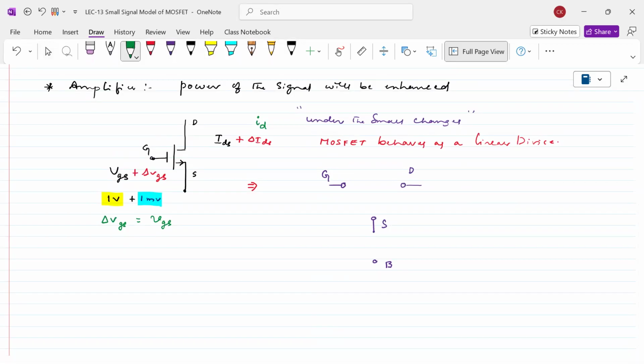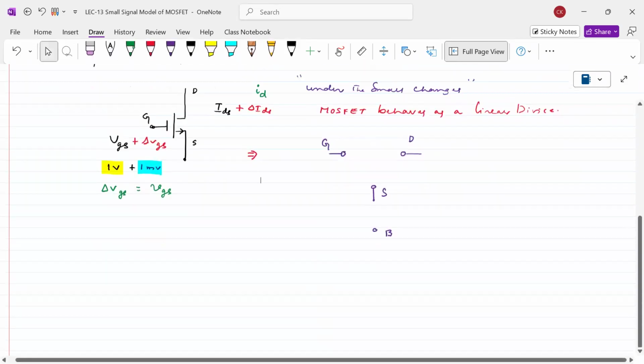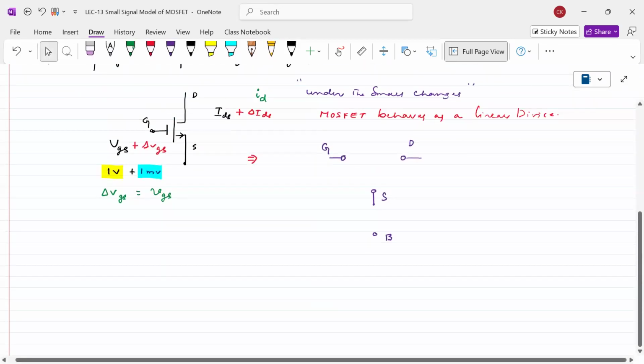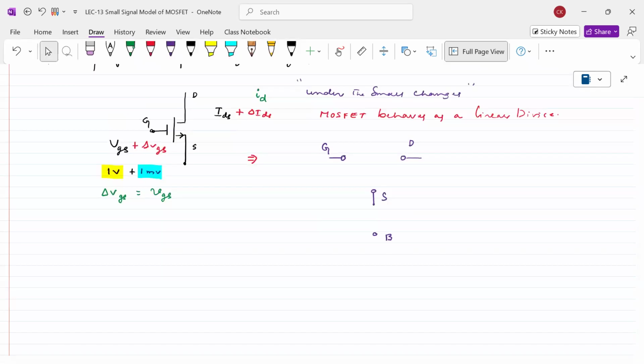So one parameter we can see is that ID is influenced by VGS. What other parameters can influence the ID? I talk about the potential difference, not only one particular point. The potential difference between the gate and source is able to change the drain to source current. Is there any other potential difference that will change the IDS value?